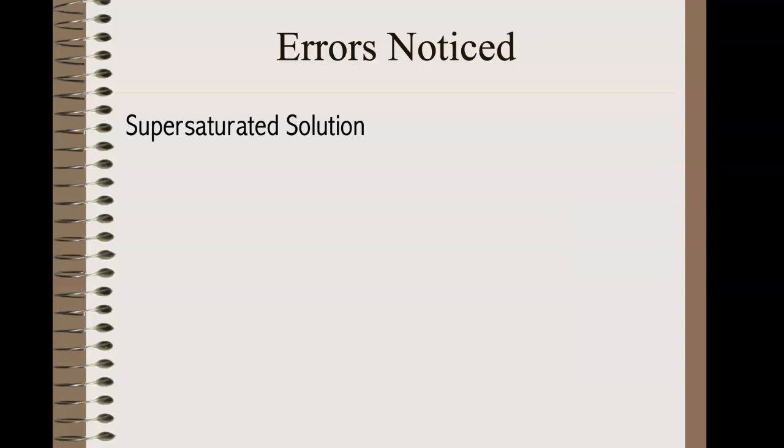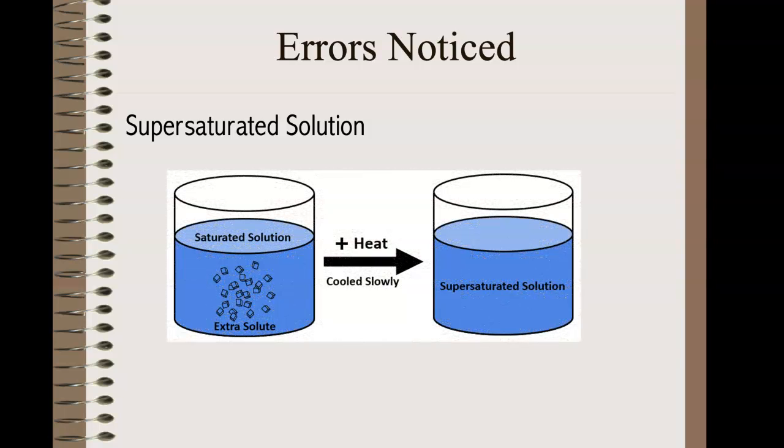Here's another error that I noticed, a supersaturated solution. Now keep in mind that a supersaturated solution is very unstable. And so in order to make a supersaturated solution, I've taken my solution, added extra solute, and then heated it up. Then as I cool that solution down, got to be pretty careful that that extra solute doesn't precipitate out.